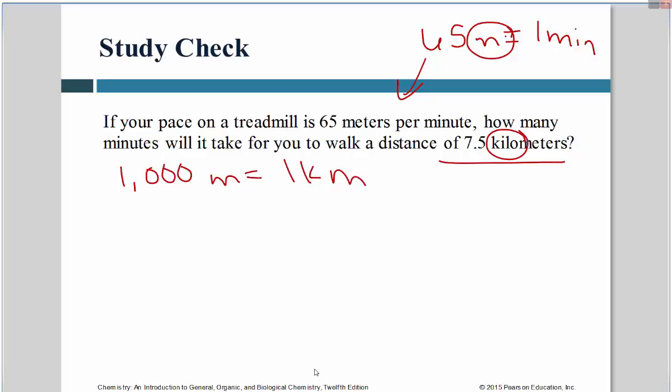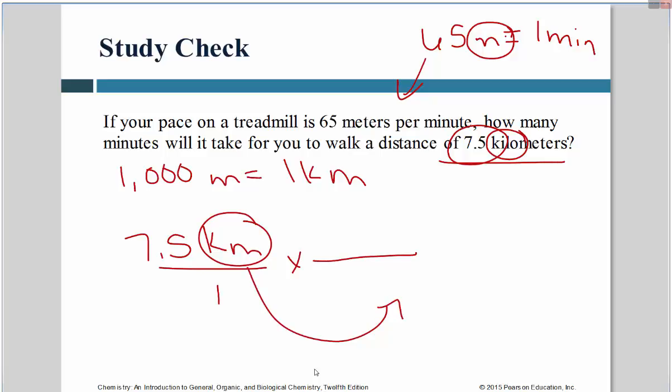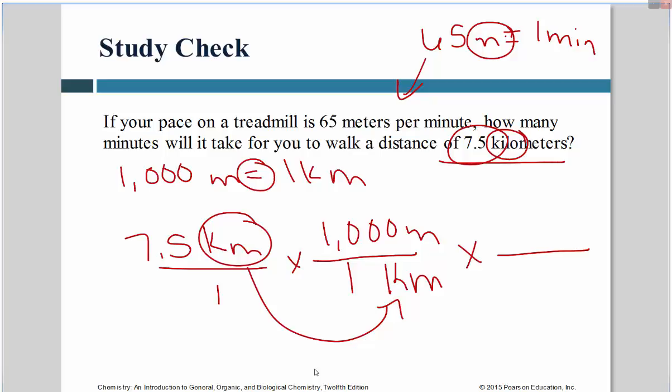7.5 is our starting number, so that's going to go over 1 to turn into a fraction. We have kilometers on the top. Put kilometers on the bottom. That is equal to 1,000 meters. So that gives us to the meters part. Now we can cross out kilometers. I'm also going to cross this out so I don't get confused by it. And we're going to convert it over to minutes.